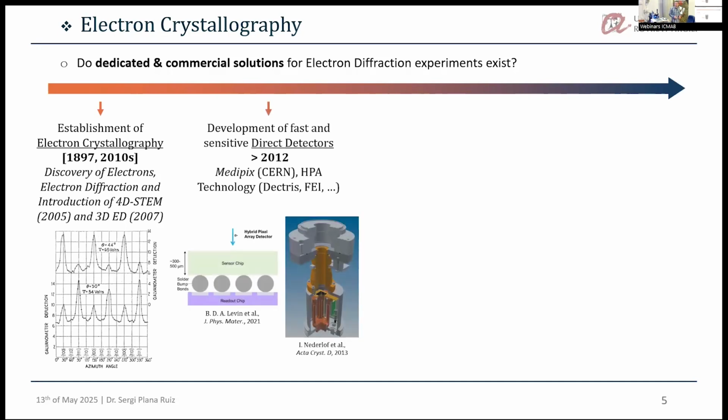But it was not until the 2010s that the development of new detectors, more sensitive to electrons and also fast, allowed researchers to collect data much faster, and also to collect data from beam-sensitive materials. This is really important because for pharmaceuticals and organic crystals, it was a game changer.